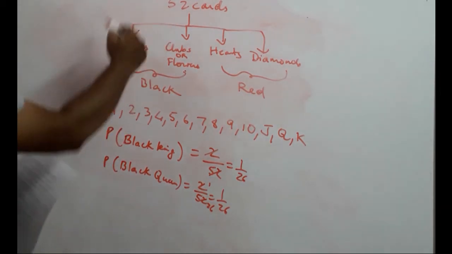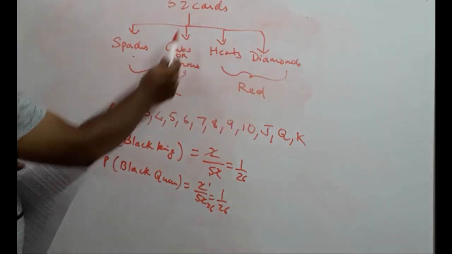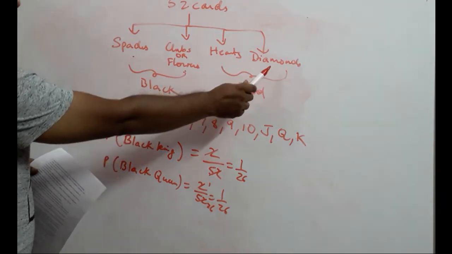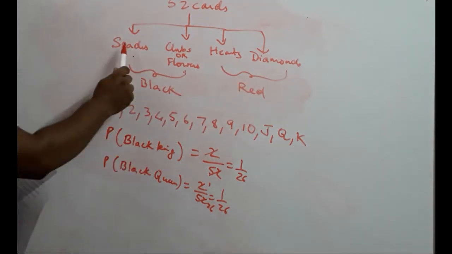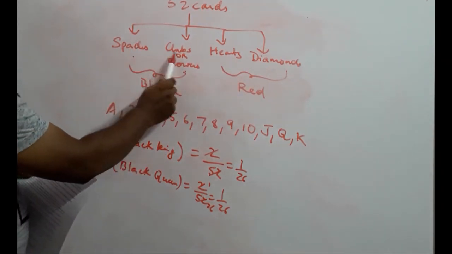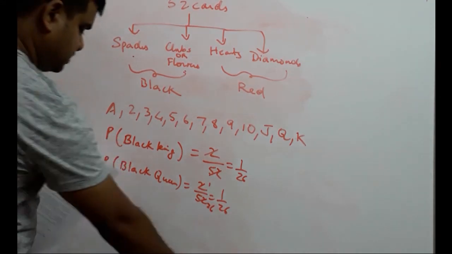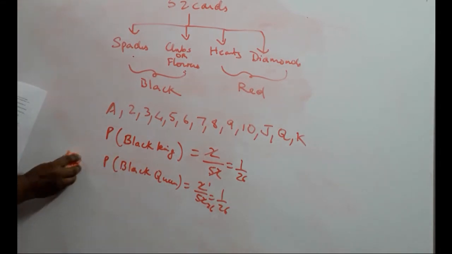Whenever you have to solve a card problem, you have to keep this in mind. There are 52 cards. There are 4 different types of cards: spades, clubs, hearts, diamonds, each having 13 cards, and 2 of them are black in color and 2 of them are red in color, and joker is not a part of a pack of cards.